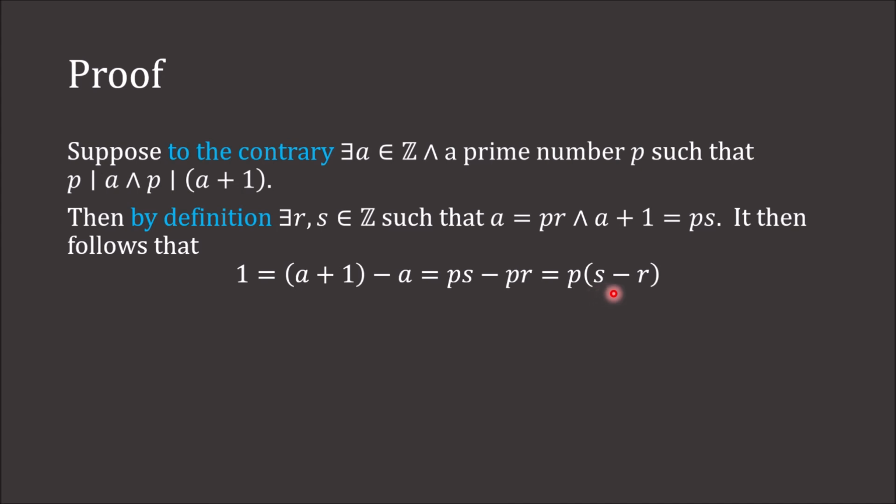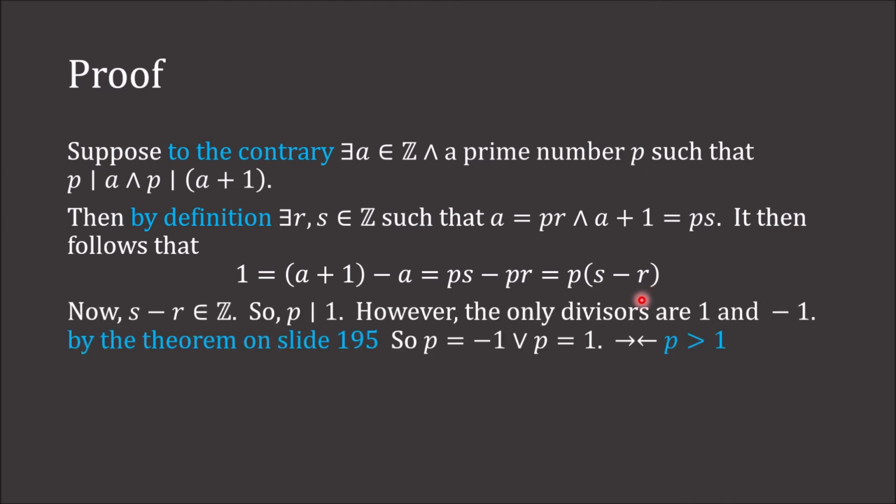Now, s minus r is an integer. So we've just shown that p divides 1. However, the only divisors of 1 are 1 and minus 1. That was by a theorem that we proved in the last lecture.